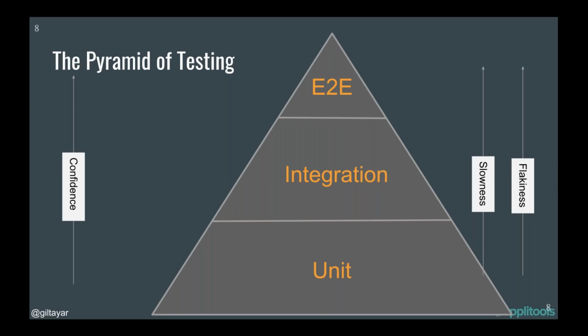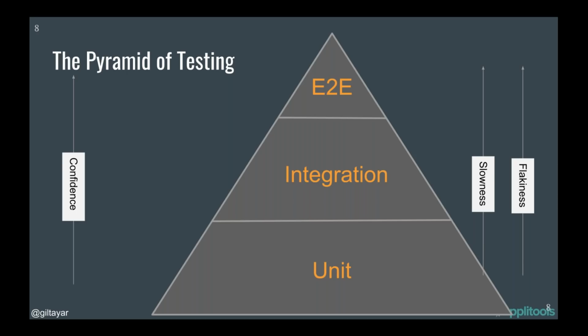So I know all of them work, but do they work together? Little confidence there. Unfortunately, we can't all do end-to-end tests because the higher we go, yes, the more confidence we have, but the slower things become. Not only do they become slower, they become flakier, in that sometimes tests don't pass just because.